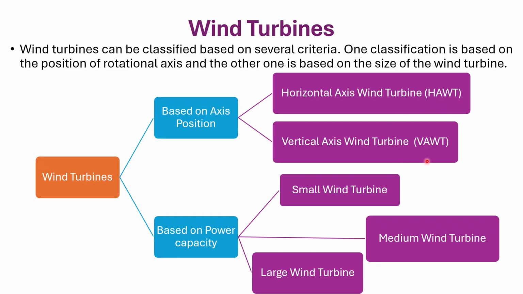Whereas in the case of VAWT, which is nothing but the vertical axis wind turbine, it has a few advantages compared to the horizontal axis type. The electrical machine or the actuator and the gearbox can be installed at the bottom of the tower, unlike in the horizontal case, where we have seen in the previous video the nacelle and the tower and all those pitch and control and gearbox mechanisms that we have described.